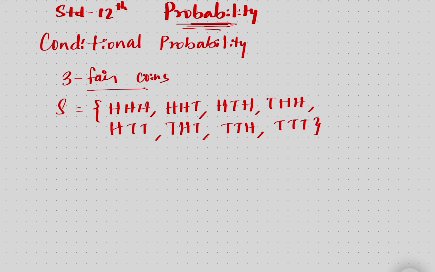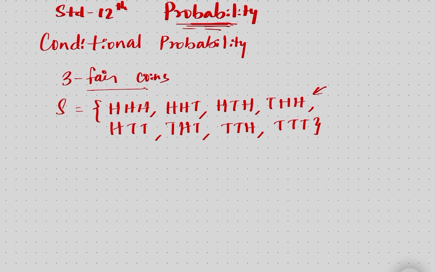Right? Dear students, now the question is, since the coins are fair, we can assign the probability 1 by 8 to each sample point. Means each and every element individually we can say probability is 1 by 8.